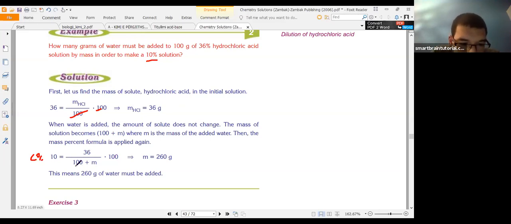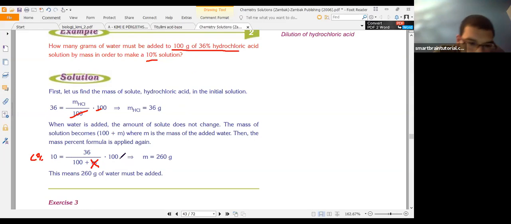So 36 over 100 grams, the initial mass of the solution, plus x, the mass of the added water, times 100%.